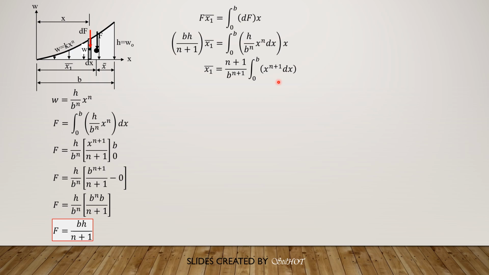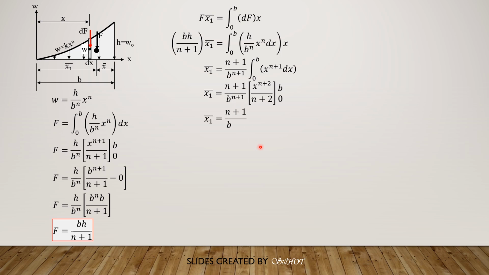Evaluating this by power formula, we have n plus 1 over b to the n plus 1, x to the n plus 2 over n plus 2. So bar x1 is n plus 1 over b to the n plus 1, x to the n plus 2 over n plus 2, 0 to b. Substituting the value of b and noting that b to the n plus 2 divided by b to the n plus 1 is just b.